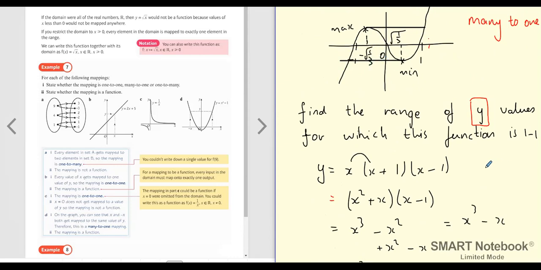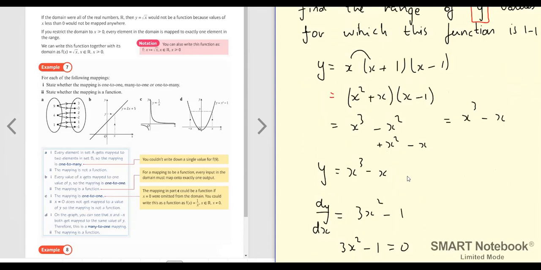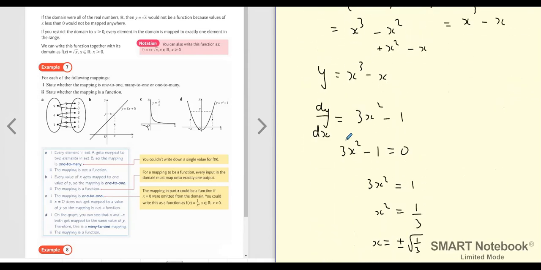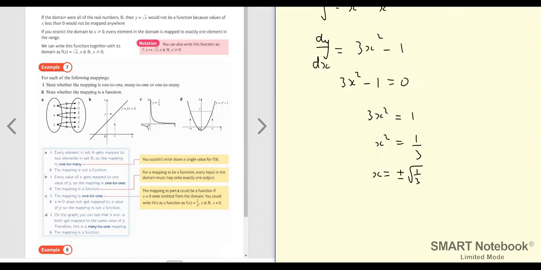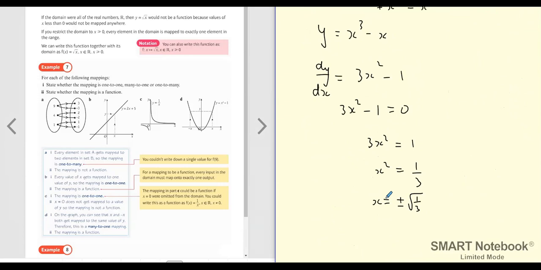Have I found my y values yet? Have I found any y values? No, I haven't. So I need to put this back into y to get my two y values.